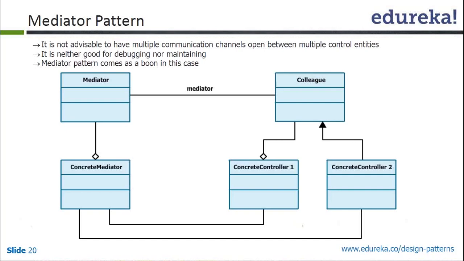Each object, which in this case we call colleagues, in our case they could be observers, and each observer who wants to communicate with another entity will not talk to that entity directly, but go through a mediator. It's like a person standing in a hallway, and everybody in their own room talking to that person in the hallway, communicating the message.